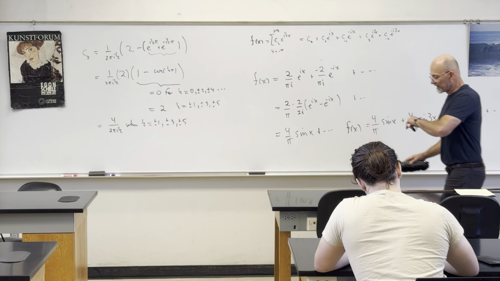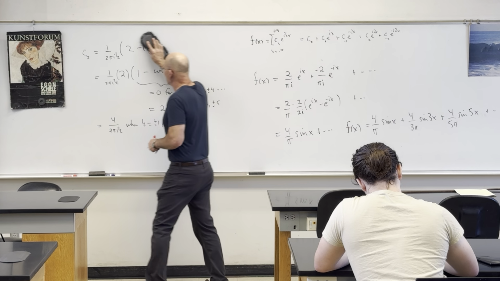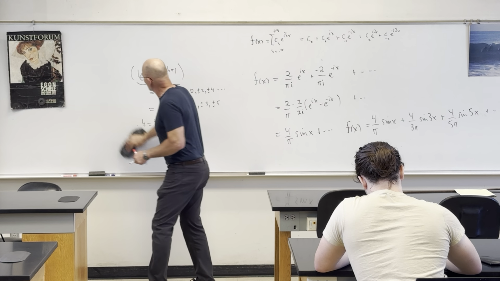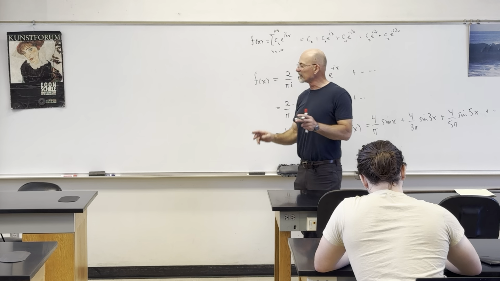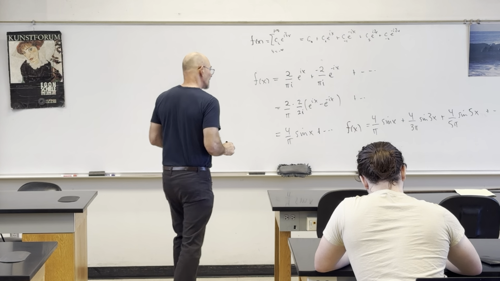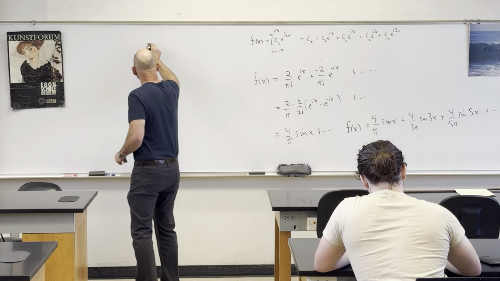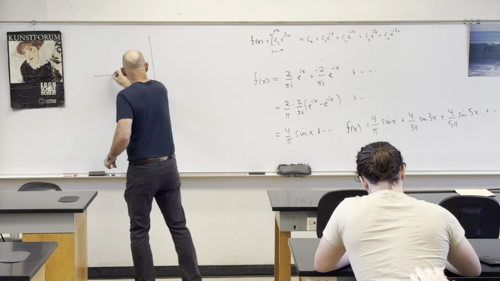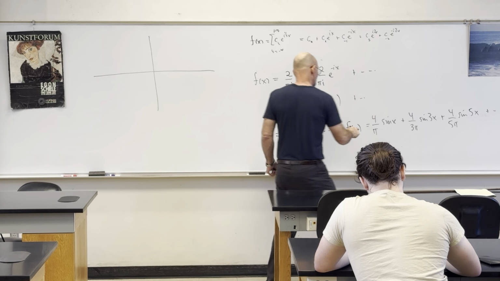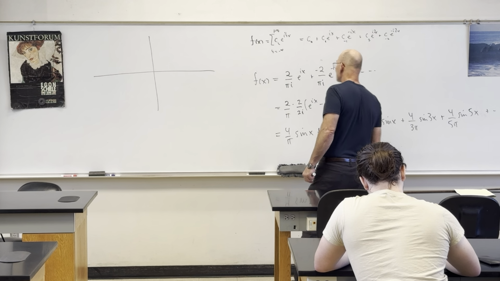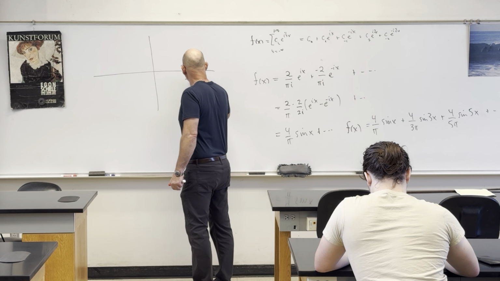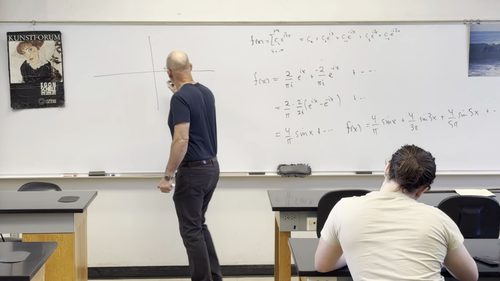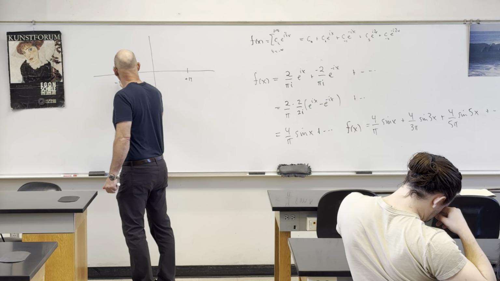And once we go ahead and draw our picture, we'll have something. I'm not going to assign anything because we have something for the weekend anyway. So what would this picture look like if we just took the first term, 4 over pi sine of x? I'm going to go plus pi, minus pi.